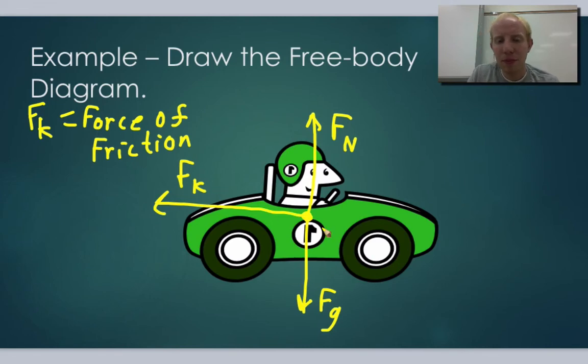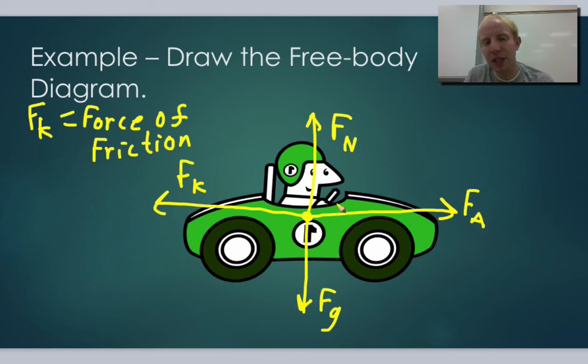And then this is the tricky one, the force applied. The engine block is applying a force on the driver. And the question is, is this arrow supposed to be the same length, shorter, larger? Well, it just depends on what the driver's doing. If they're just cruising down the road at the same speed, then they should be in equilibrium.